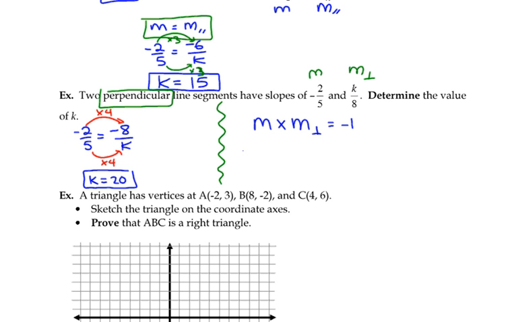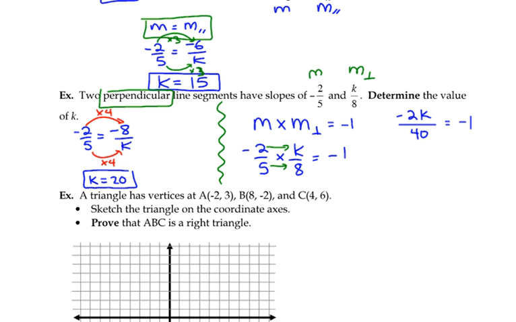And so if we multiply these together, it equals negative 1. And so we just use our good friend algebra. Remember with fractions, when we multiply, we go straight across. Negative 2 times k is negative 2k, and 5 times 8, 40 has to equal to negative 1.